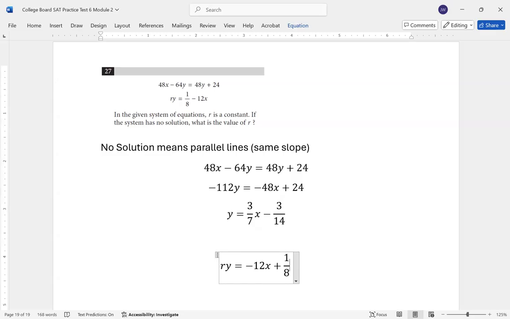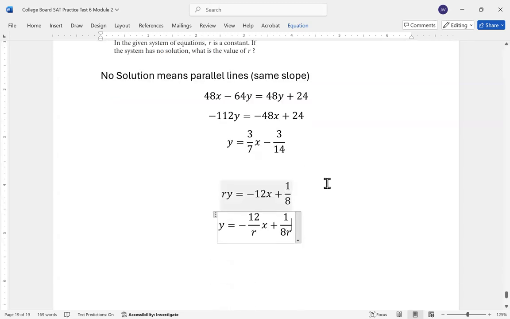And then divide both sides by r. That gives me y is equal to negative 12 divided by r multiplied times x plus 1 divided by 8r. Now, for us to have parallel lines, these two lines have to have the same slope.